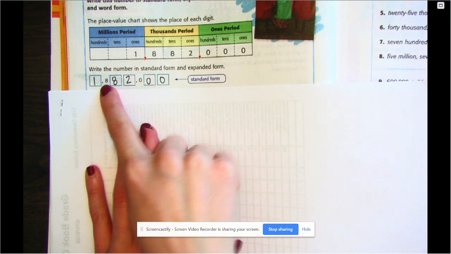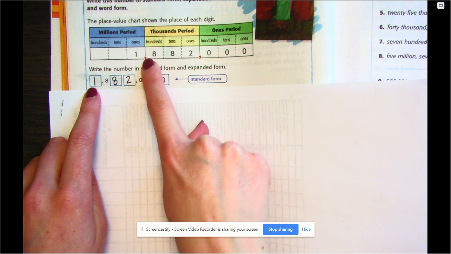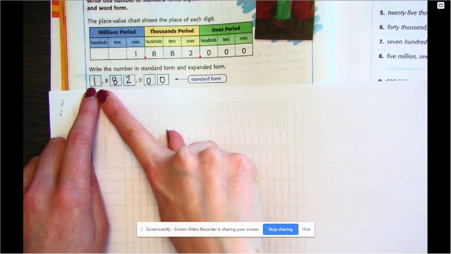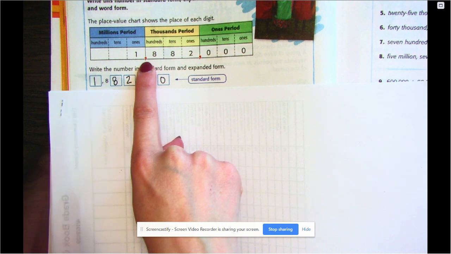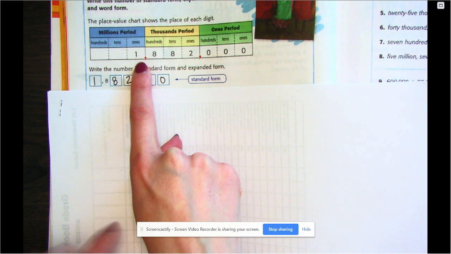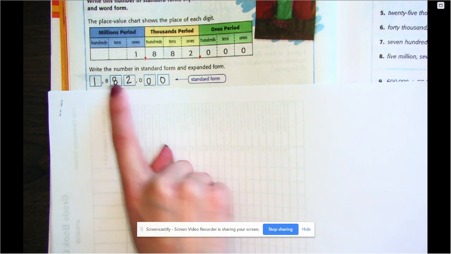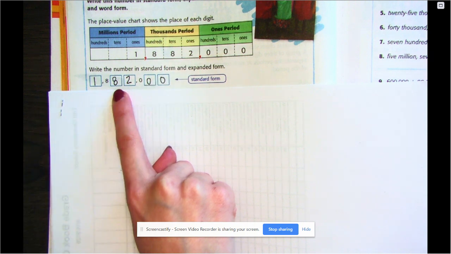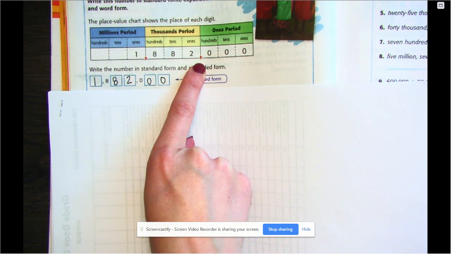So I saw that there's a comma right here, and there's a comma right here, and to the left of it was a 1, so I put a 1 here, and the name of that comma is actually million. So when I read this number, I don't say million until I hit that comma. So far I've got 1 million, and then this 8 is 800, and then I've got 82 left, 82, and then the name of this comma is 1,000.